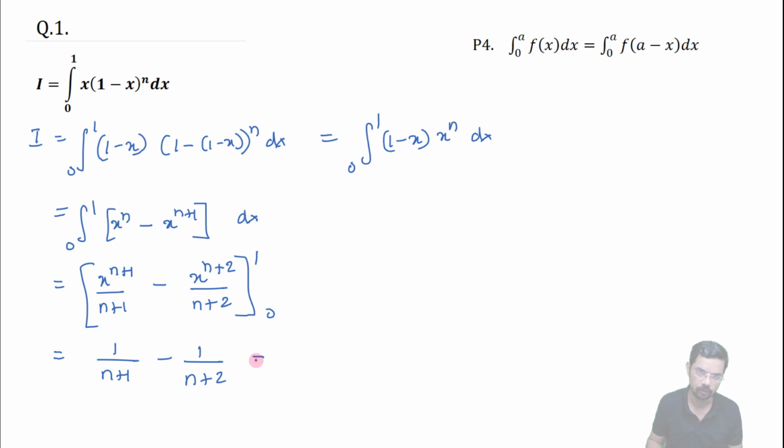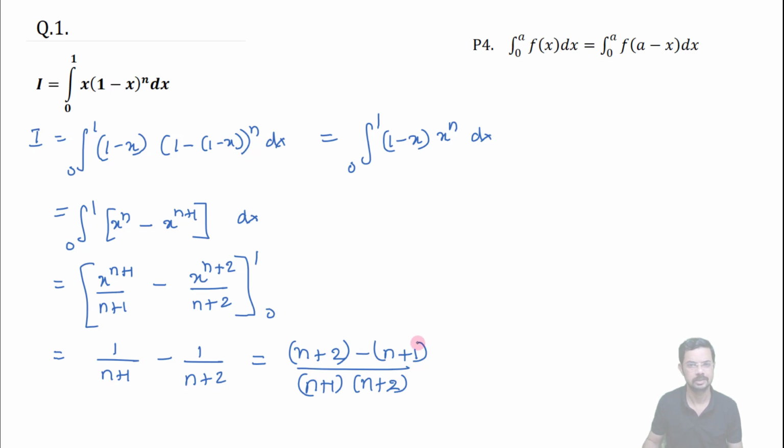Simplifying, taking the LCM, the numerator is n plus 2 minus (n plus 1), divided by (n plus 1) into (n plus 2), which simplifies to 1 by (n plus 1) into (n plus 2).